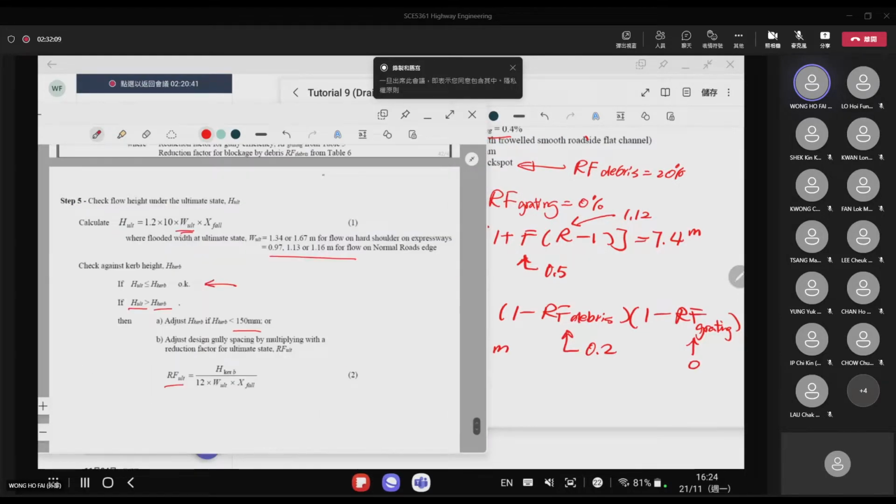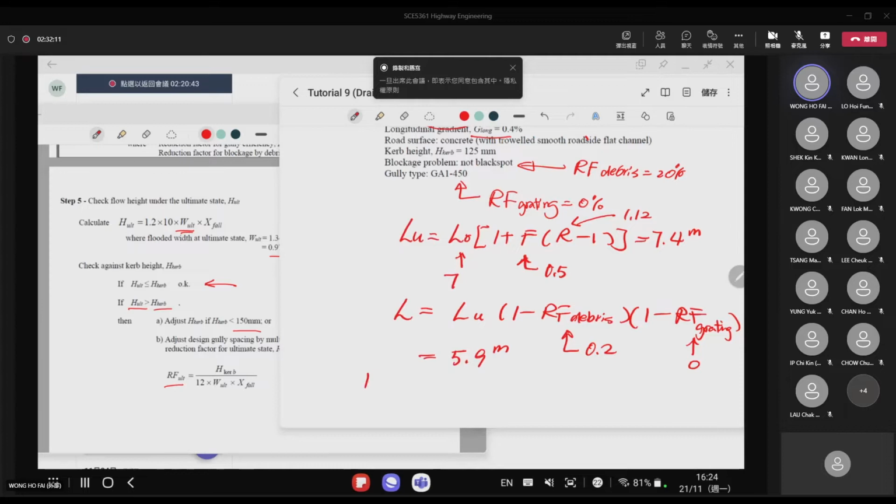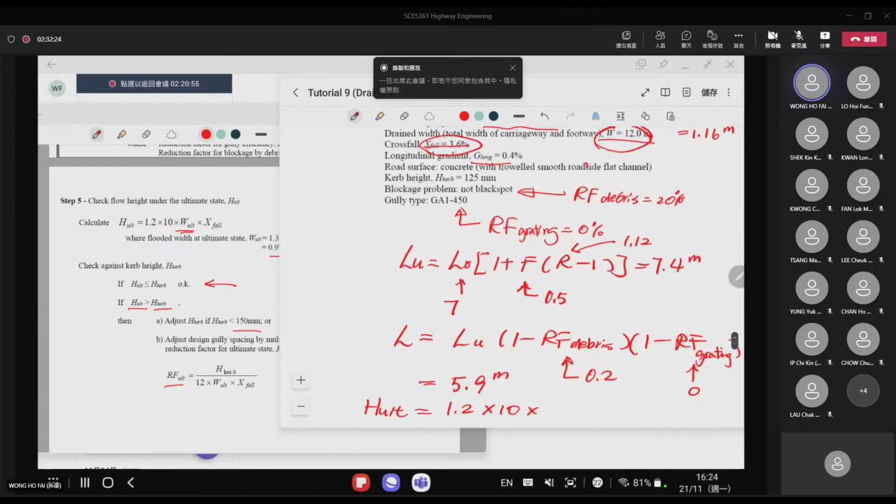And then finally, you will check the ultimate flow height of the road. The ultimate width, we just checked that is equal to 1.16, depends on the type of the area. And then the cross fall again equal to 3.6%.